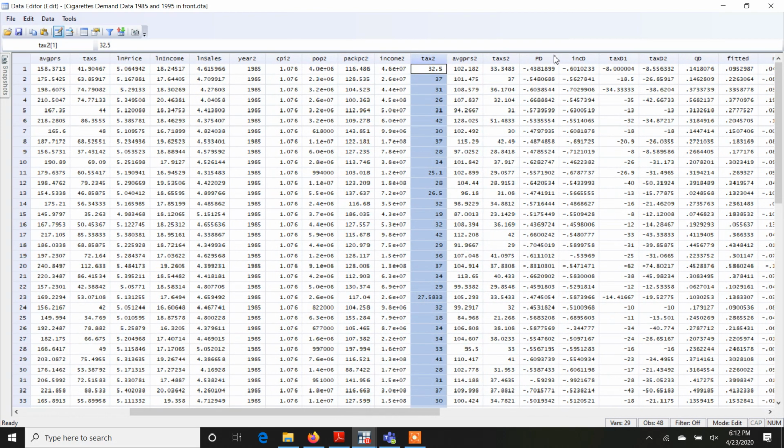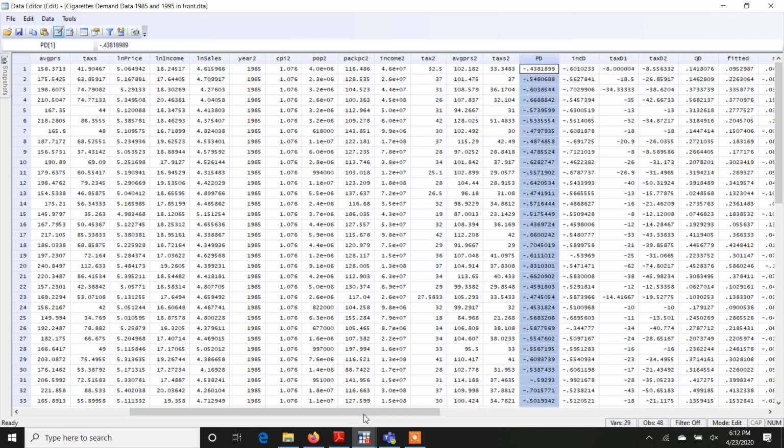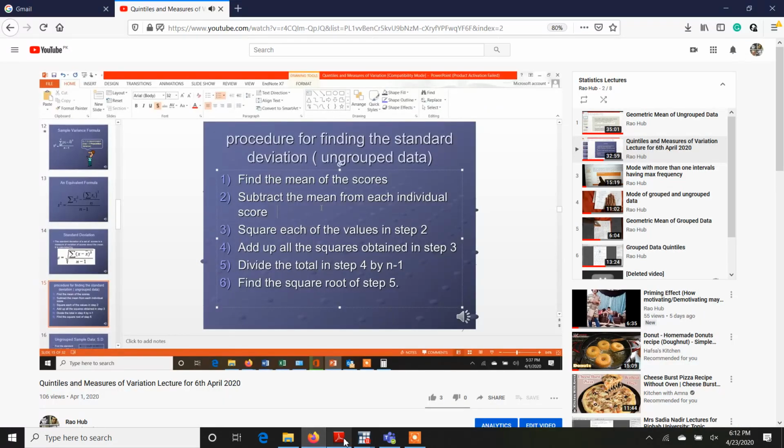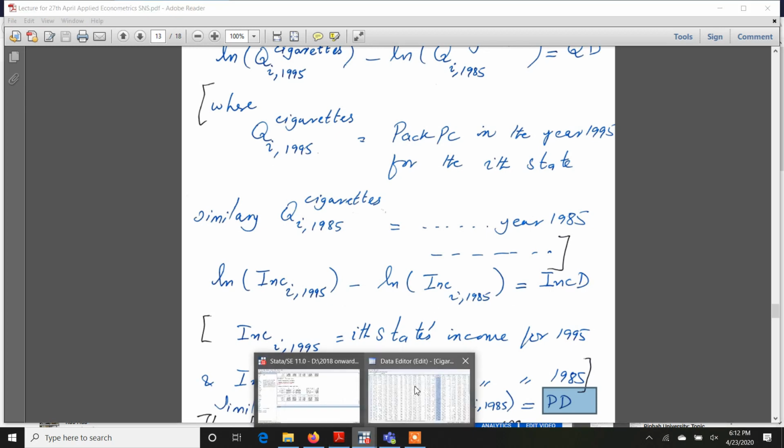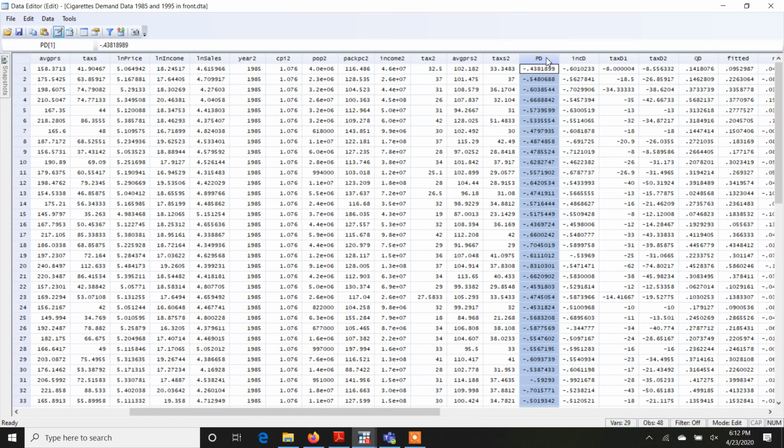Then I have this type of variable, PD. If you can recall from the notes, PD is the change in price, QD is the change in quantity, and income D is the change in income. I have simply computed these using the generate command.